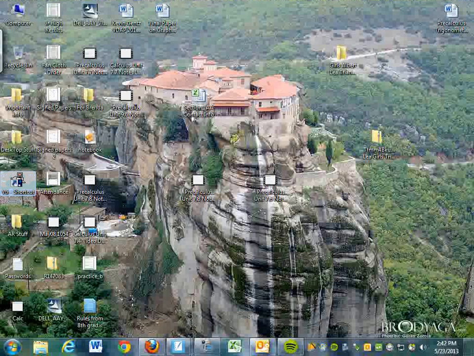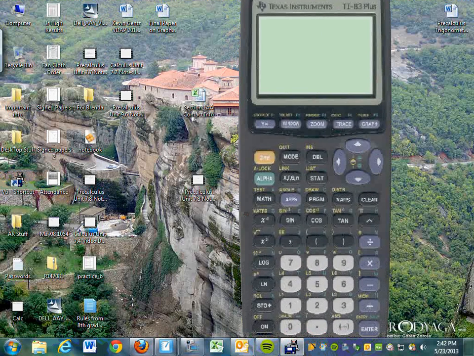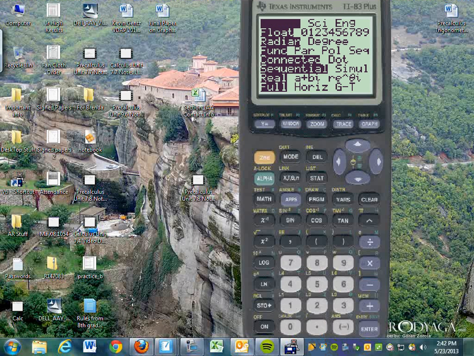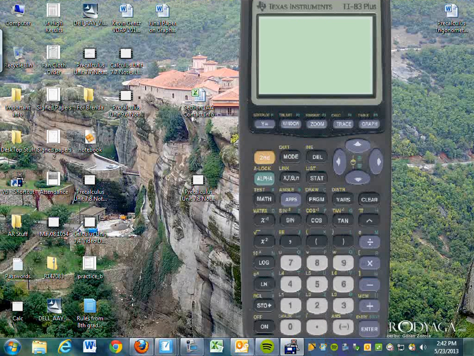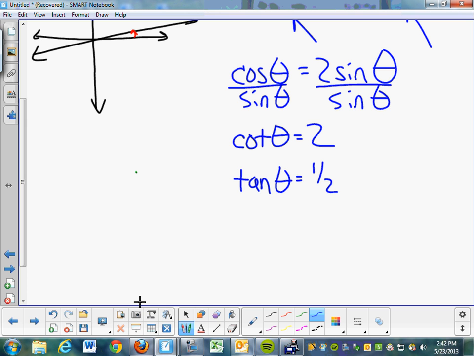I inverse tangent, and I'm going to work in radians because that's what we like. Mode, I'm in radians. Tangent inverse of 0.5, and I get 0.46. So that's my answer. The equation that will describe that line is simply theta equals 0.46. Done and done. That's your answer.